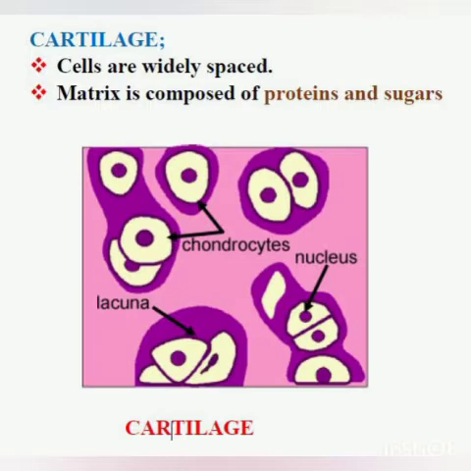Now children, cartilage is very much flexible. Your ear, you can bend your ear, you can twist your ear, even the nose also. So that is made up of cartilage. Okay, cartilage is present in the nose, ear, trachea and larynx. I hope it is clear. I hope all of you know the difference between bone and cartilage. Bone you cannot bend, but cartilage you can bend.